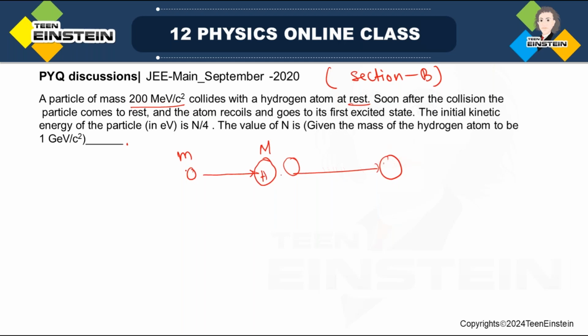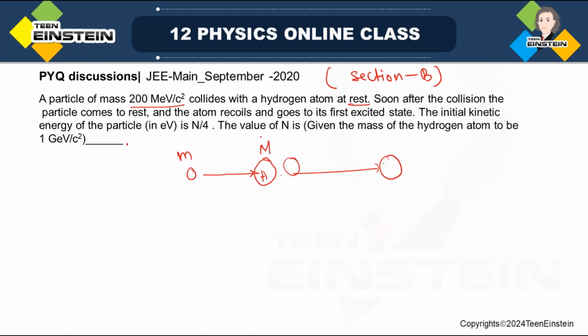The atom actually recoils with a velocity, which means it attains some velocity and goes to its first excited state. The initial kinetic energy of the particle in electron volt is n by 4. Then you have to find out the value of n here. The mass of the hydrogen atom is given as 1 giga electron volt per c square.